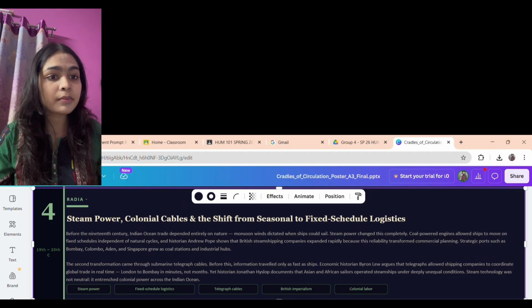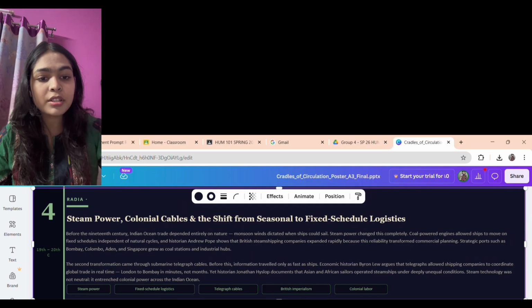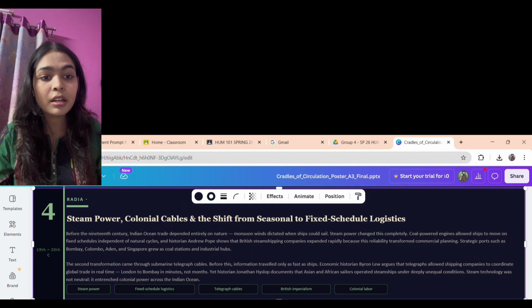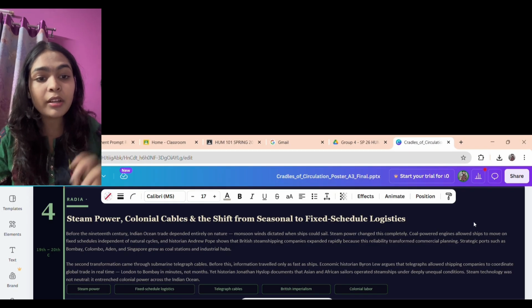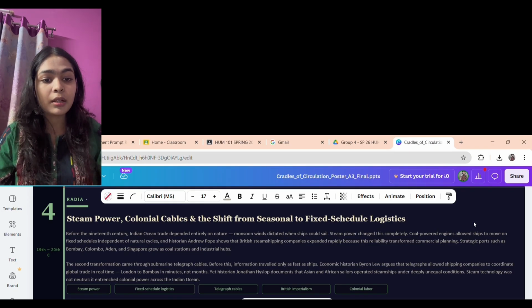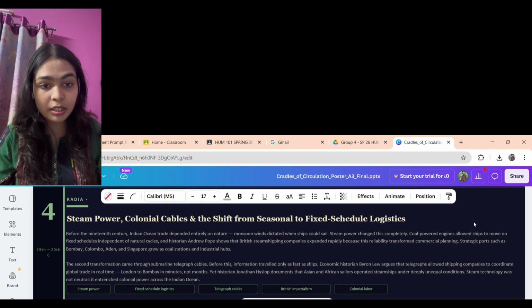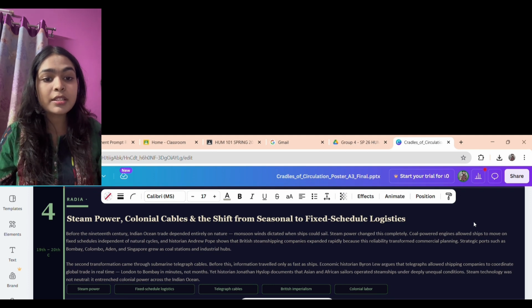Another important issue is labor. Historian [name unclear] wrote about the conditions of this labor, and in my opinion, this shows that technological modernization was not neutral.